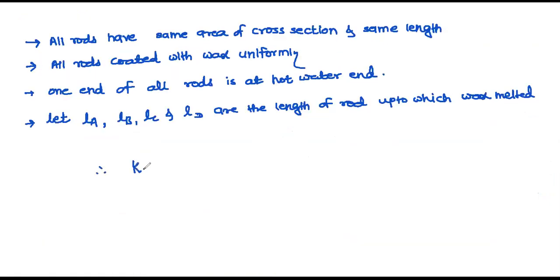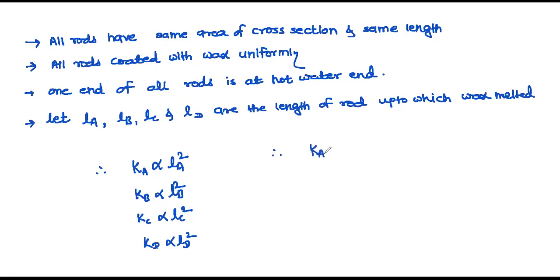Therefore, Ka is directly proportional to La square, Kb is directly proportional to Lb square, Kc is directly proportional to Lc square, and Kd is directly proportional to Ld square. Isn't it? Right? So can I write like this?